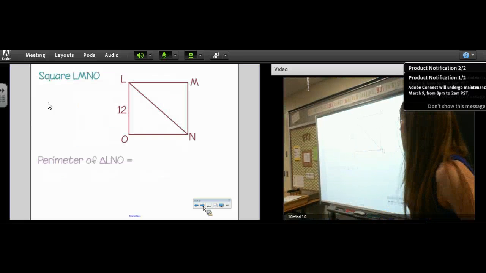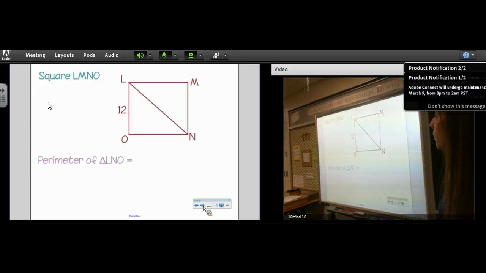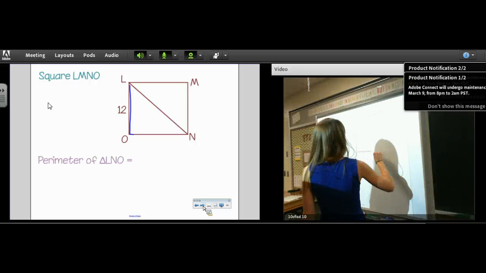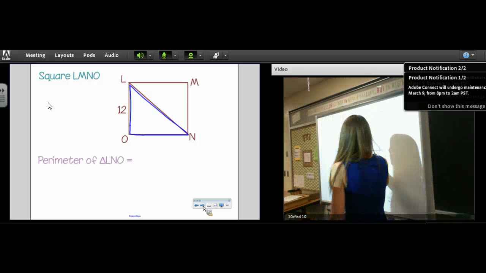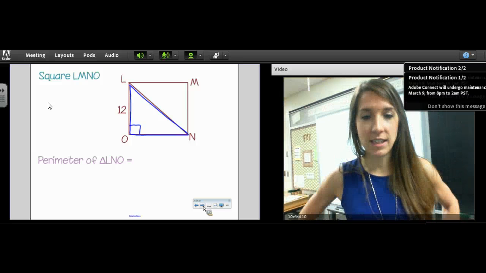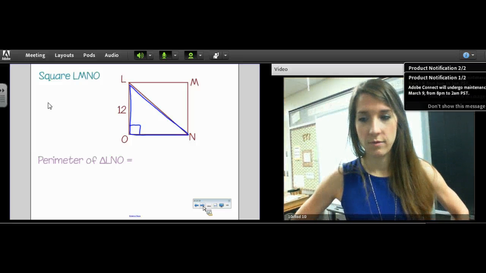Okay, last thing. Square ELMO. Find the perimeter of triangle L-I-O. Find the perimeter of this triangle. Hopefully, when you were playing with Sketchpad, you realized that that's a certain kind of triangle. And this is our last thing, I promise.